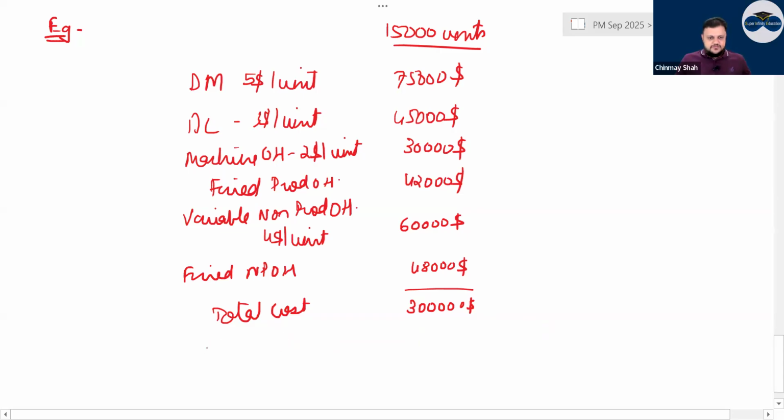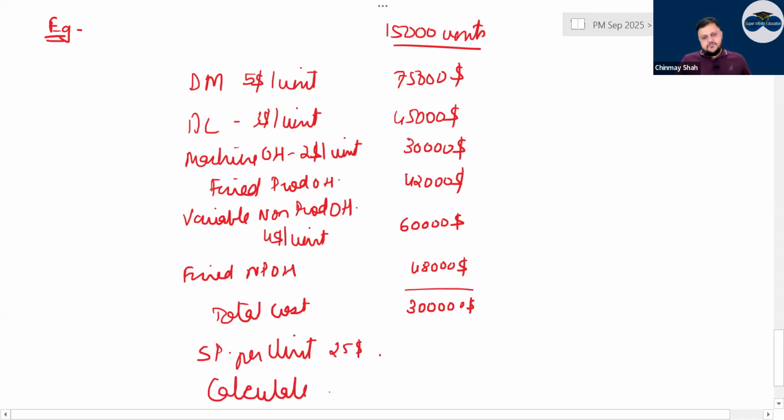Selling price per unit, because 15,000 units, correct? 5 and 3 is 8, and 2 is 10, and 4 is 14. 20 पे तो total cost नहीं, $25. So how much is the total sales? Selling price per unit $25. Full stop करो, ठीक है?